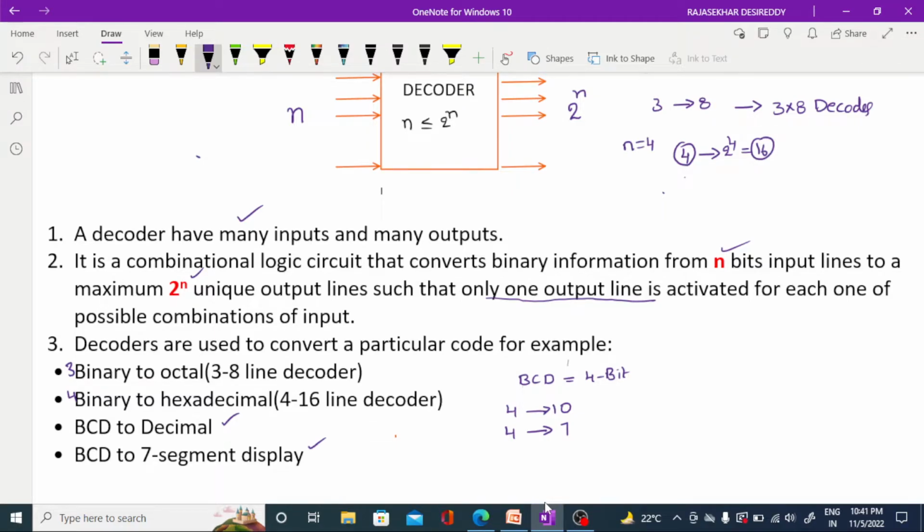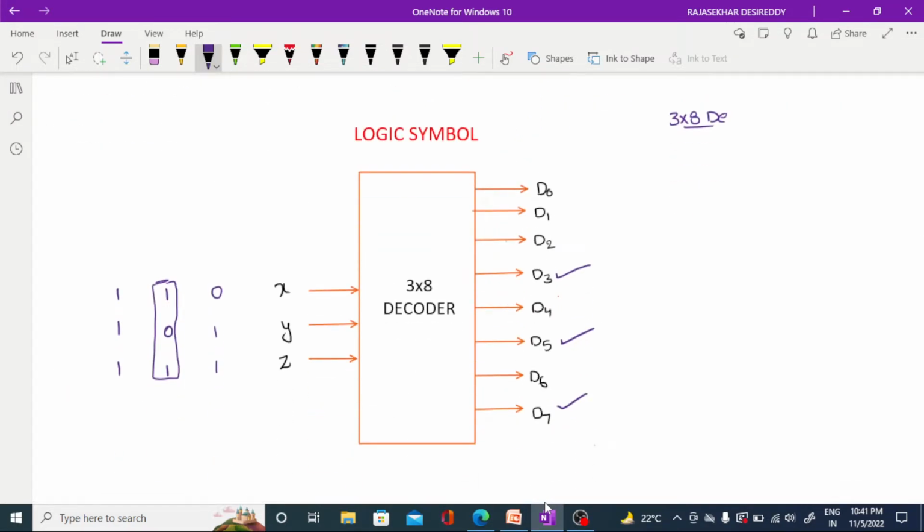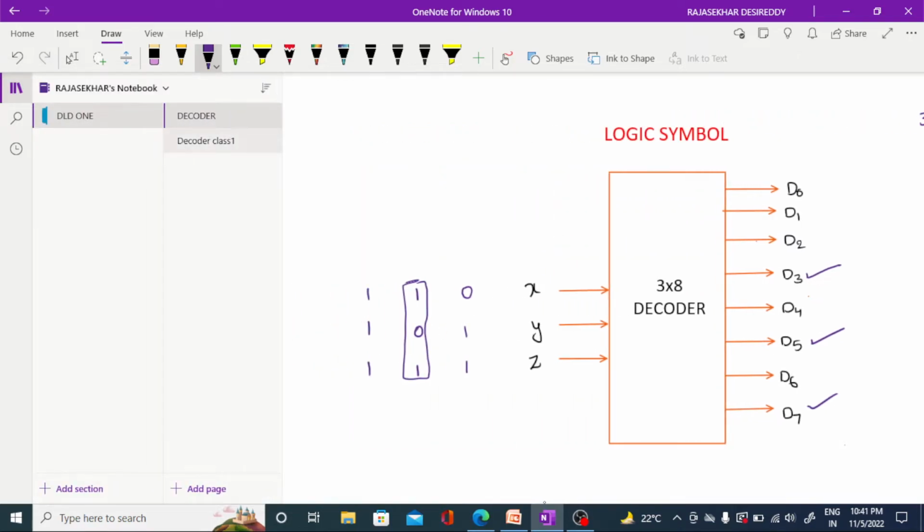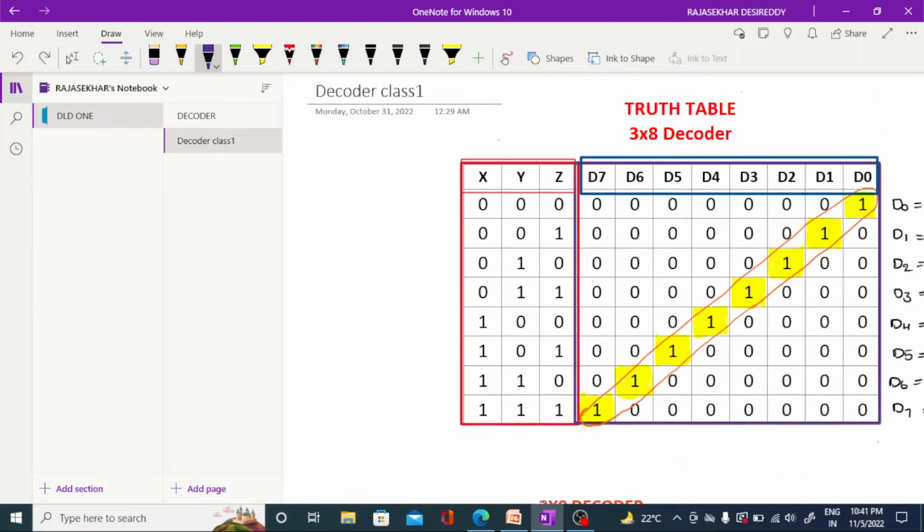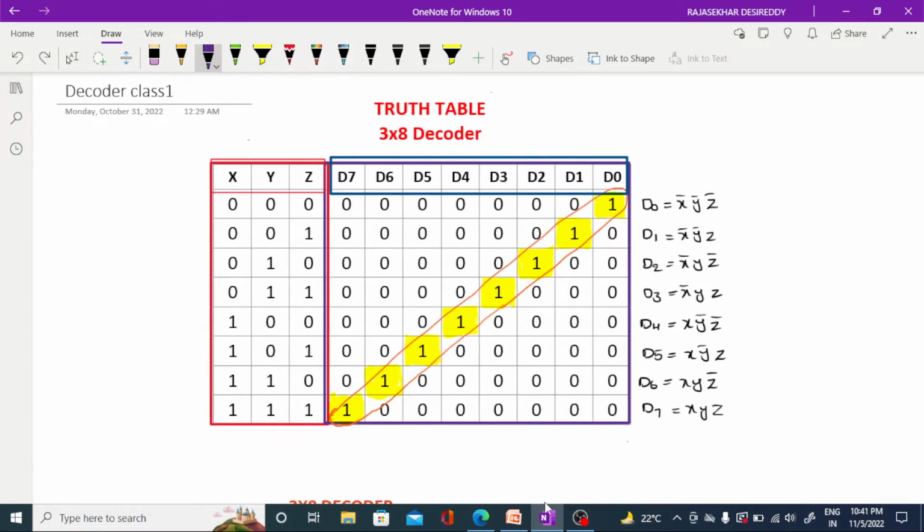I hope you understand this logic diagram also. This is the 3 to 8 decoder logic diagram, right? Once you understand this logic diagram, you can understand the truth table easily.